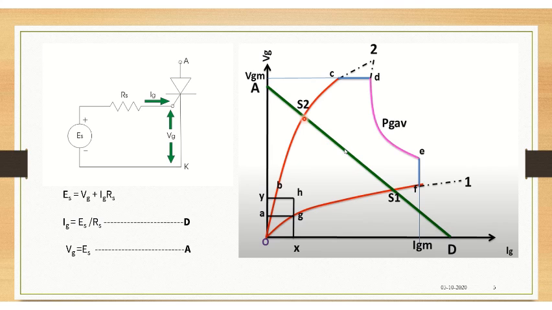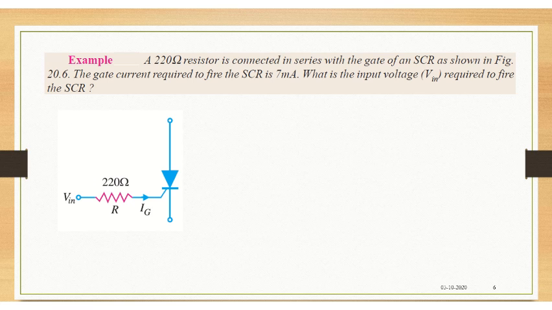It is cutting the load line at this point, so that would be the safe operating point. Which means the voltage applied to the SCR should be of this value, and the current would be of a particular value here. That's the meaning. So that is nothing but the gate characteristics.